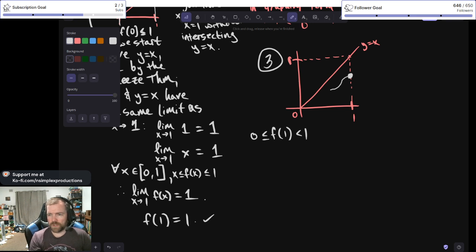Right, then as we trace this back again, it's either going to cross the line, in which case we go back to case 1, or this is going to continue down, and again by the squeeze theorem.